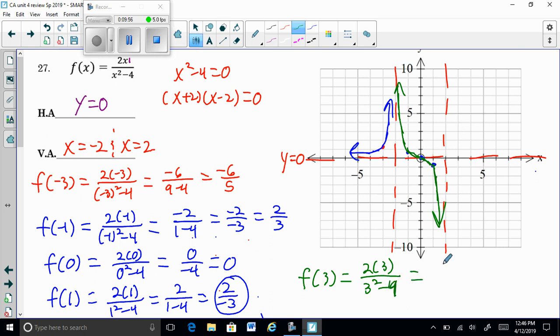Then we get 6 over 9 minus 4, we get 6 over 5, which is 1.2. A little bit higher. There we go, 1.2, about right there. And then once again, it's really pretty much the same as just the reflection from the other side right there.